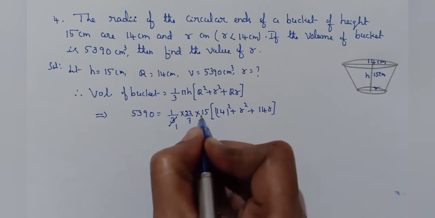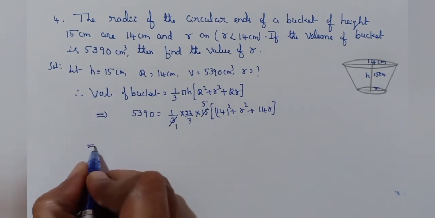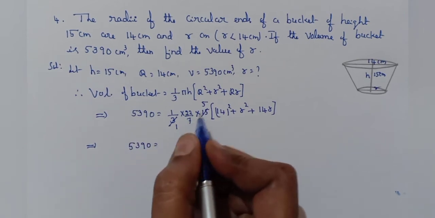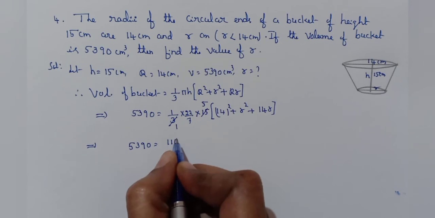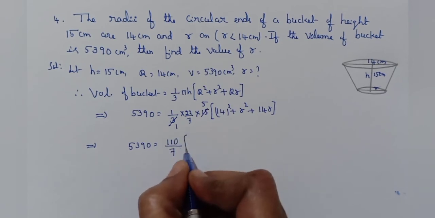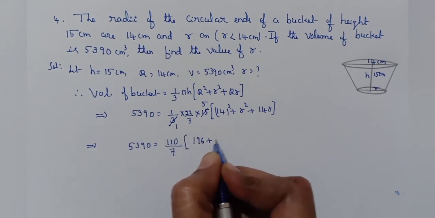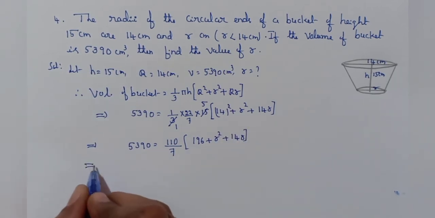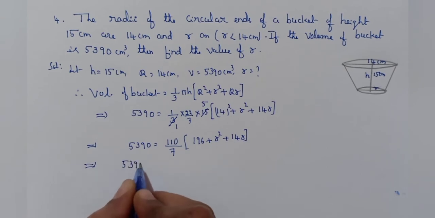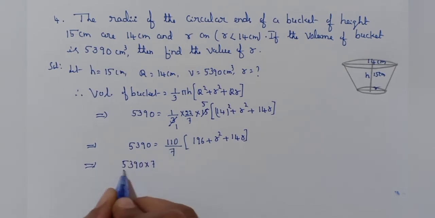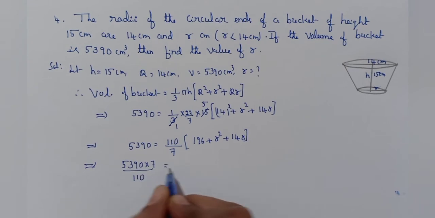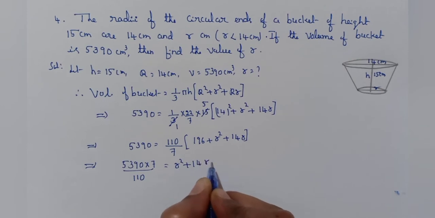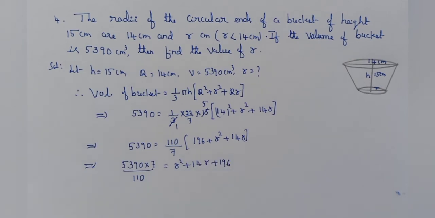Here we can divide: 3 ones are 3, 3 fives are 15. Next, 5390 equals 22 into 5 is 110 by 7, into (14 square is 196, plus r square plus 14r). Next, 5390 into 7, we can take this 110 to the denominator, is equal to r square plus 14r plus 196.